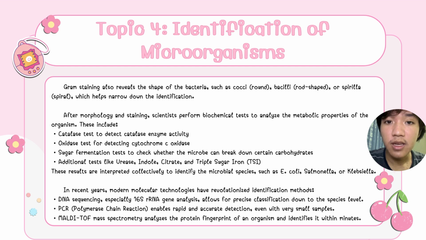identification. After morphology and staining, scientists perform biochemical tests to analyze the metabolic properties of the organism. This includes the catalase test to detect catalase enzyme activity, the oxidase test for detecting cytochrome c oxidase, and the sugar fermentation test to check whether the microbe can break down certain carbohydrates.